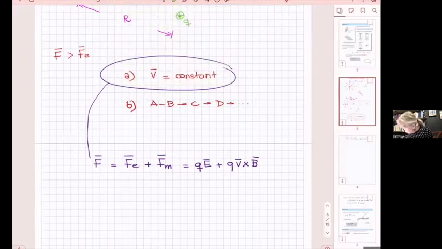So now, as you can see, we have a new term. This new term, from the physics point of view, is a new thing. It's not a different manifestation of the first one.